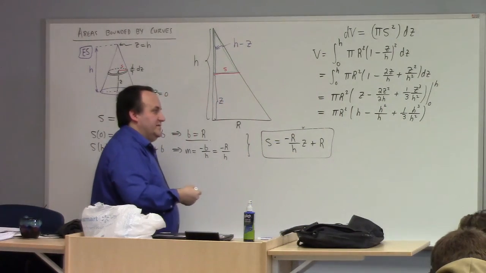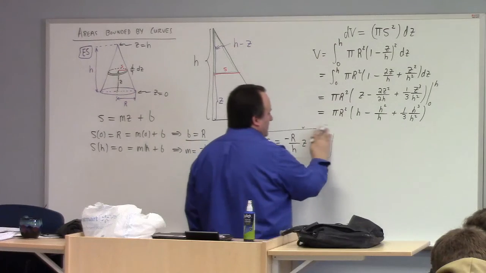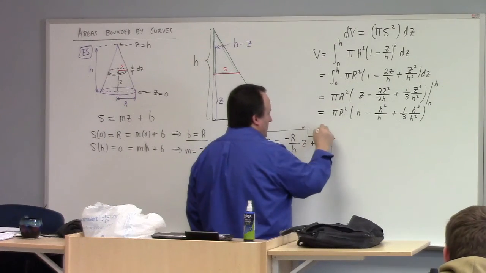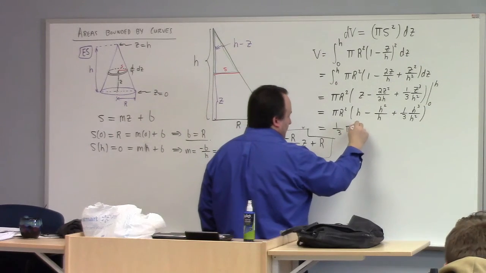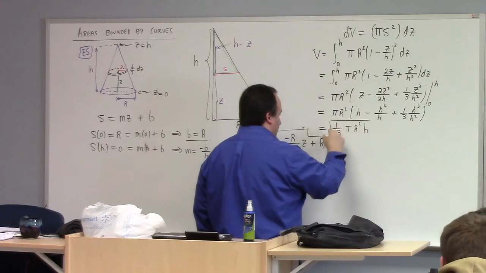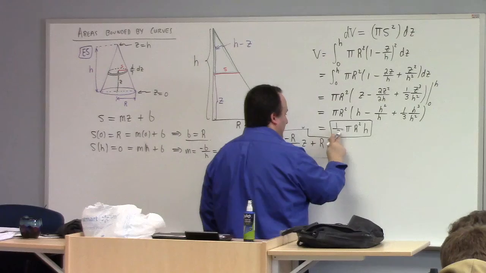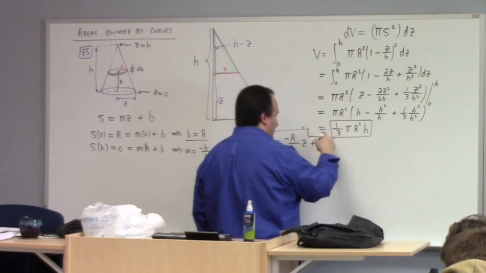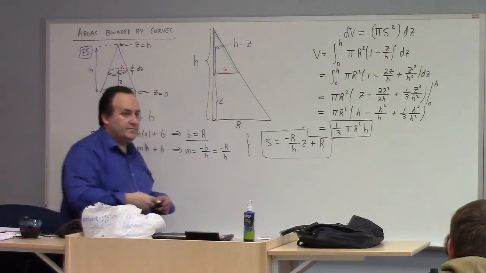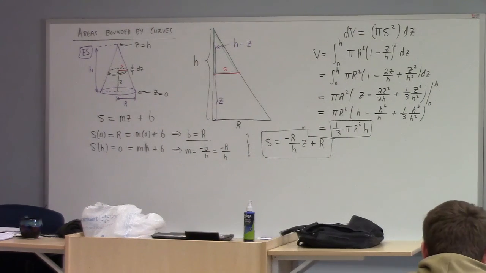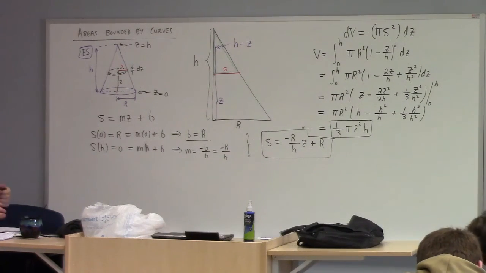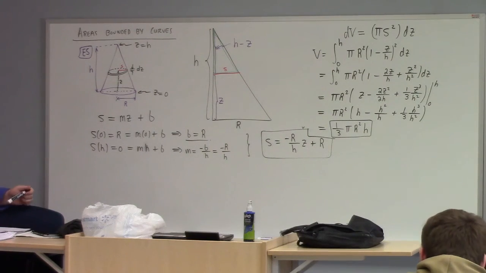The first two terms cancel, and we're just left with 1/3 pi r squared h. The well-known, well, perhaps well-known, I'm not sure how well-known it is, but that is the formula for the volume of a right circular cone of base radius r and height h. We can derive it with calculus.